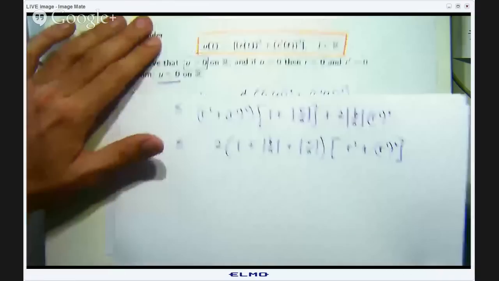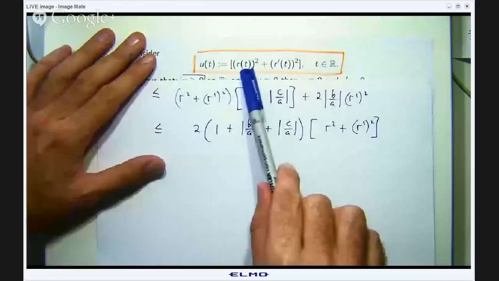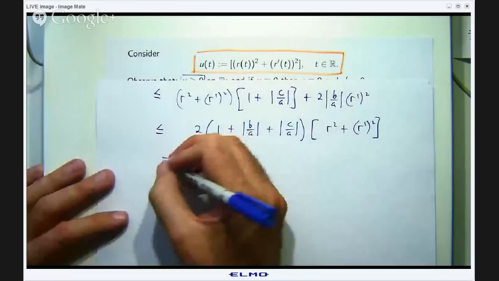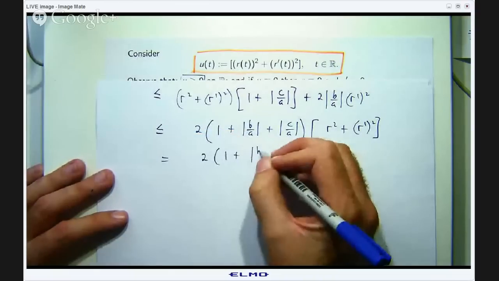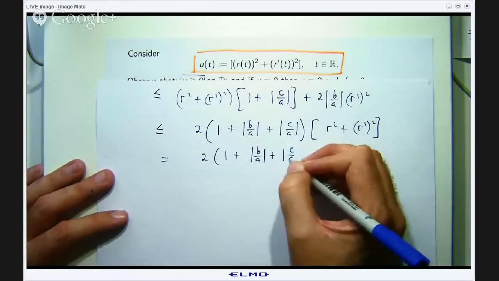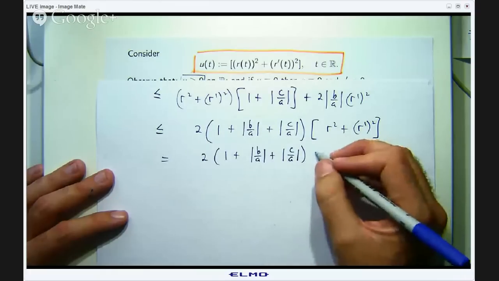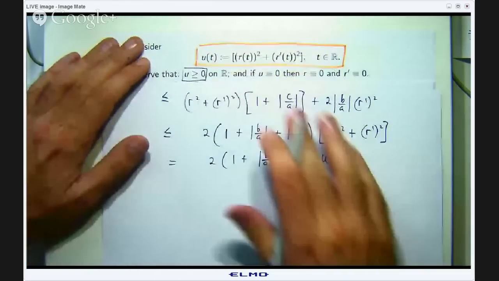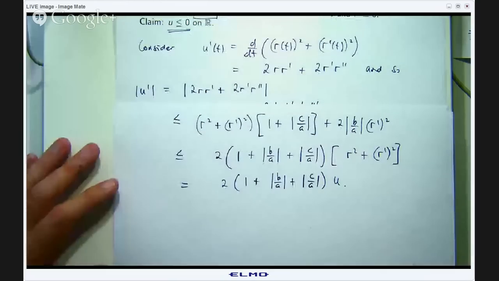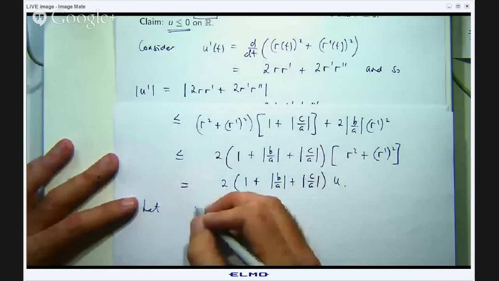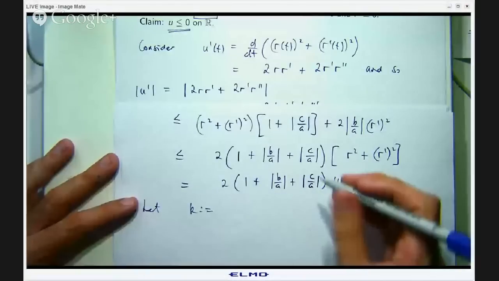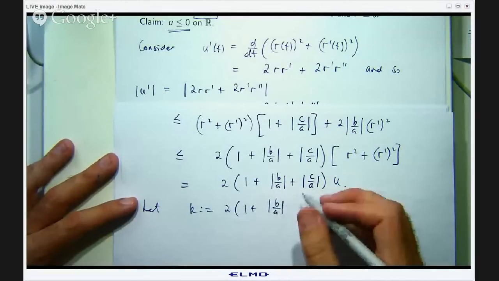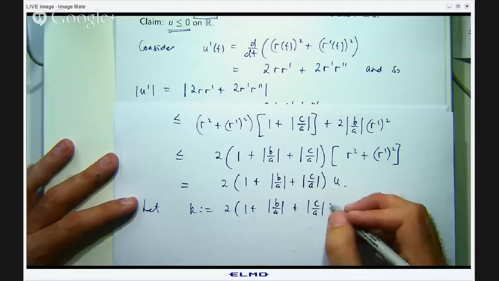Now remember, U is defined in terms of R squared plus R dash squared, right? Exactly that. So if I write that in terms of U, then you'll see that something quite magical happens. Let me just write this out a little bit more. Now, if I let K be this big mess here, then I'm going to get what's known as differential inequalities.